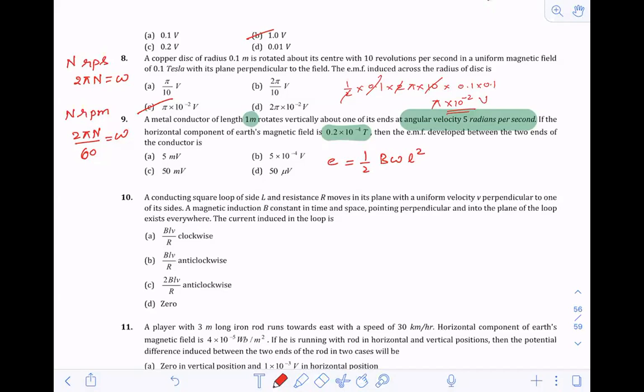Okay, A. Anybody with option B? No one. Option C and option B are the same only. So either you should say A or D if you are having any doubt. You should not say B or C simply, because B and C are both the same thing.